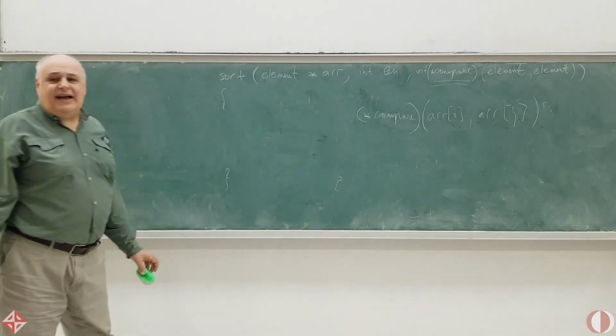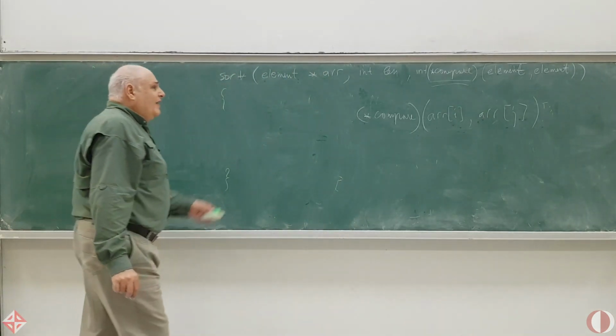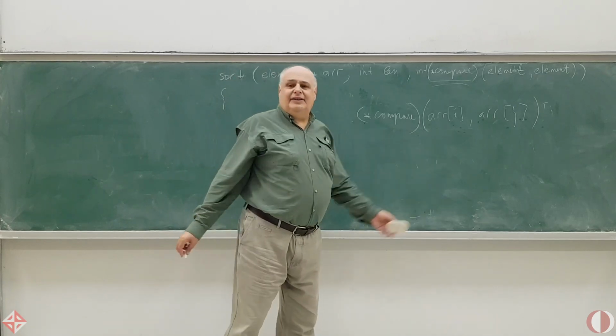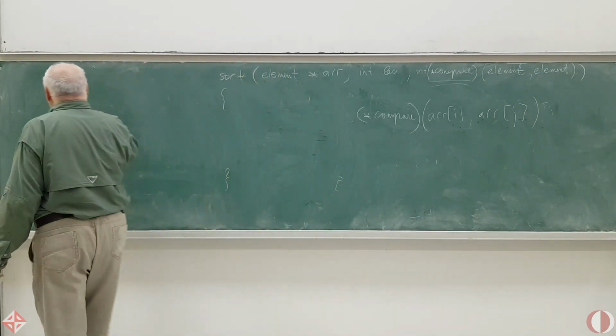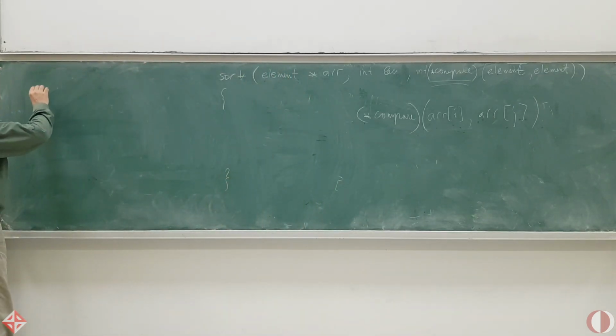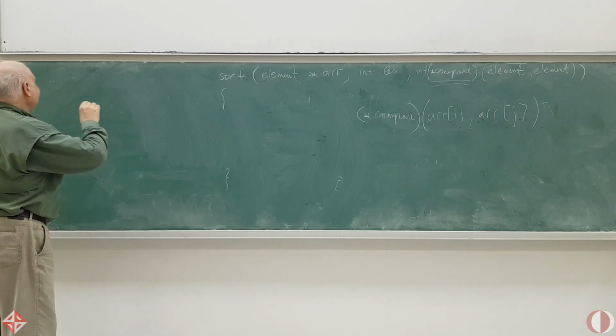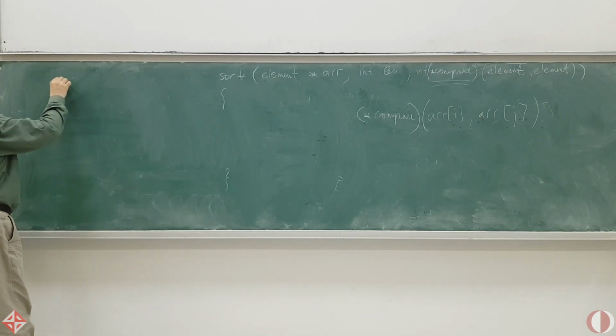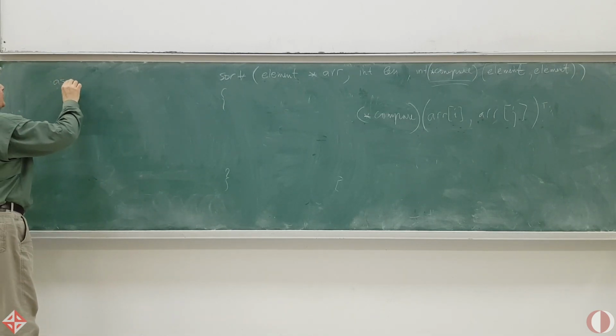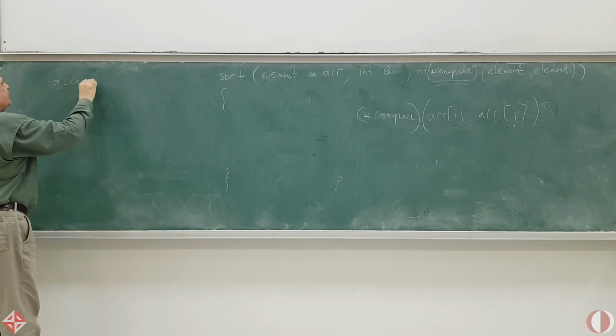How will I send several alternative functions? I will write an ascending compare.